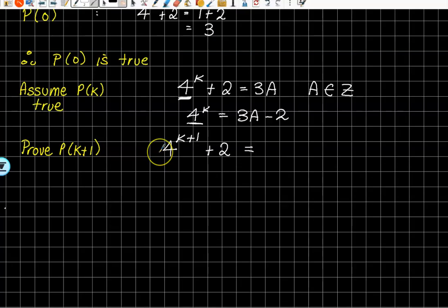Can you separate it? Isn't that 4 times 4 to the k plus 2? Would you agree? Same statements? So this now becomes 4 times, but what is 4 to the k? 3a minus 2. Are we happy with that?